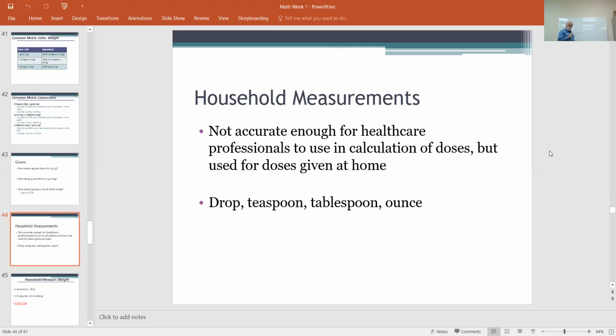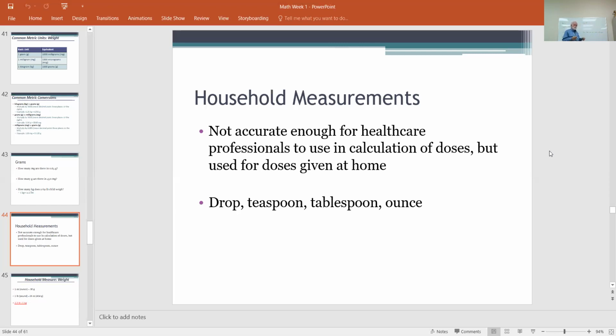It's a very easy way to make a mistake. We've got teaspoon, we've got tablespoon, TBSP, we've got ounce, we've got cup, pint, quart, and gallon.